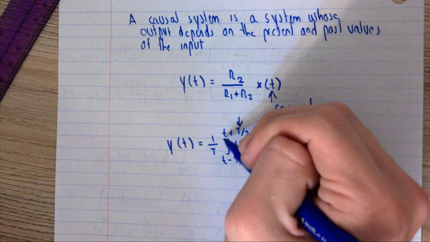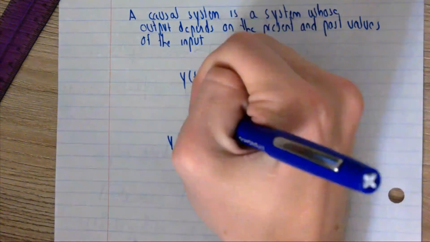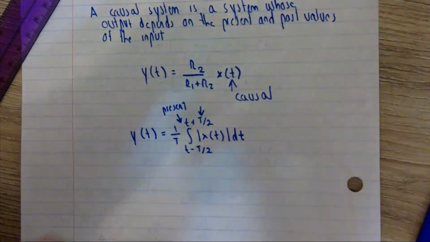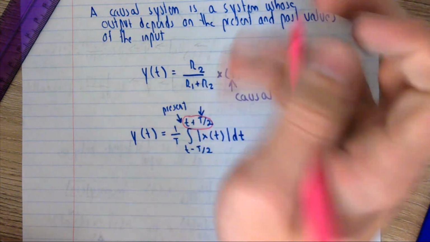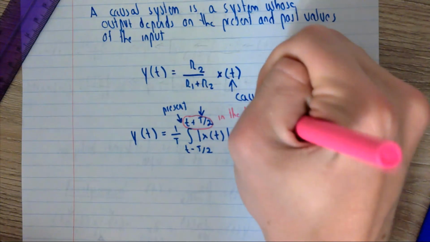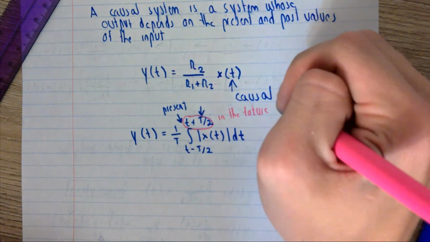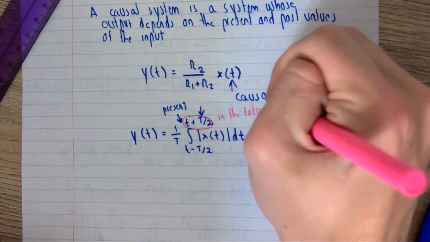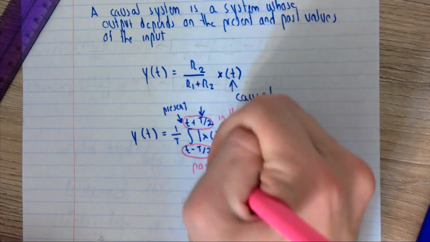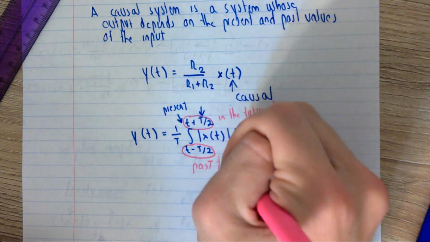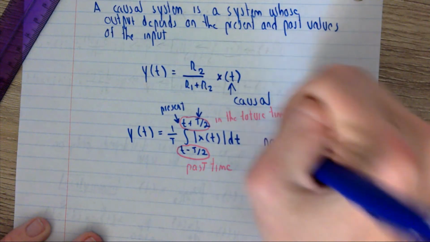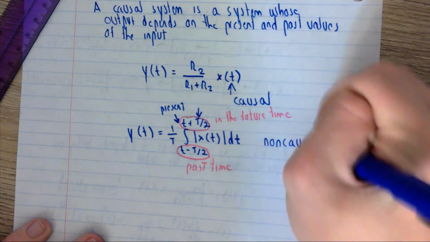Because we're adding something to the present value, you're looking at something in the future time. And then below, we're subtracting time from the present signal, which looks at the past time. So this is non-causal because it looks at the future. It's an anticipatory system.